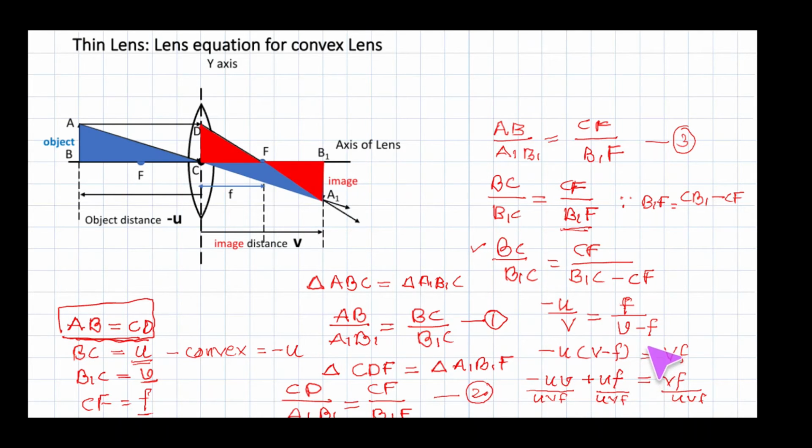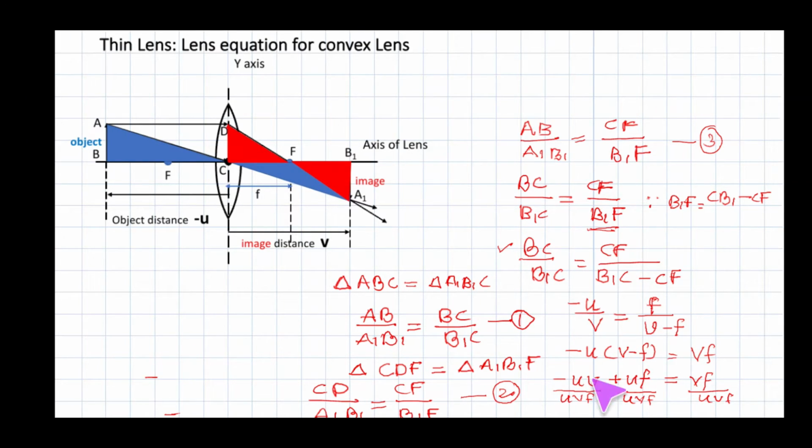So from this we get the expression: minus 1 upon F, plus 1 upon V is equal to, VF gets cancelled, and it is 1 upon U.